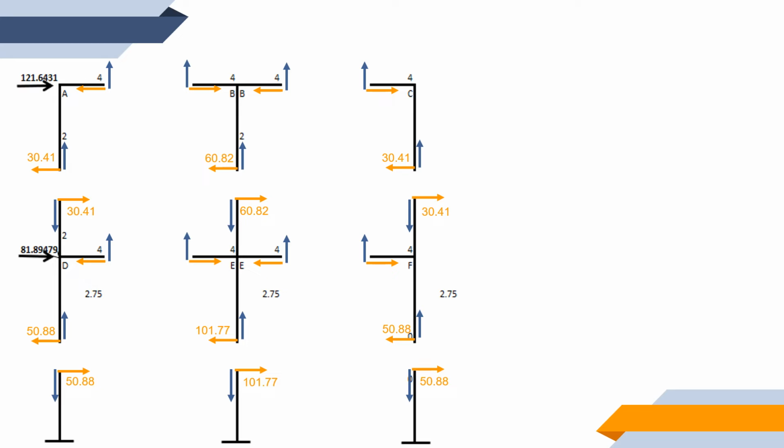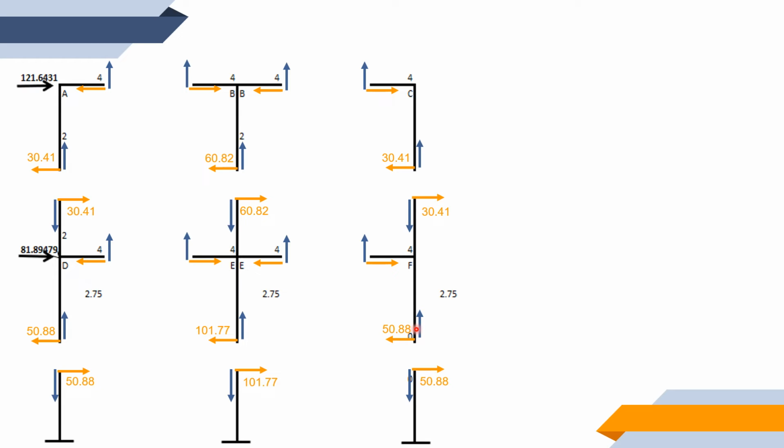Alright, now, for the first step, we are now going to start solving for the forces. So you have to start from the uppermost left part of the frame, and we are going to run from left to right, and then from up to down, and then left to right again.